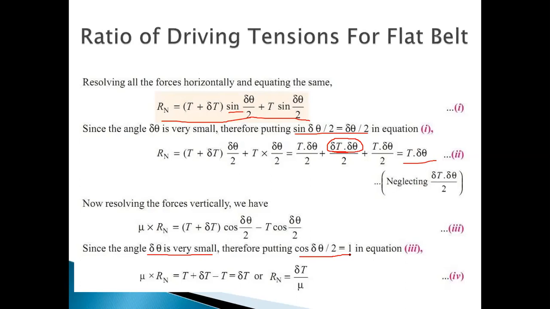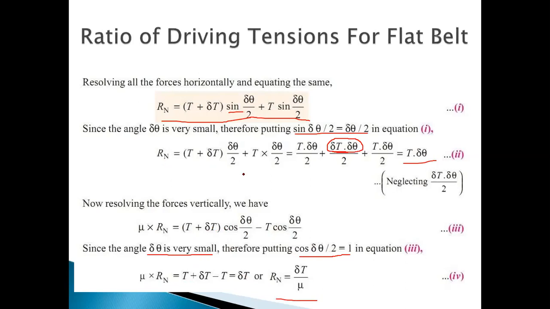If we open this bracket, we get T into 1, that is T plus delta T minus T. So mu into Rn is equal to delta T, or Rn is equal to delta T by mu.